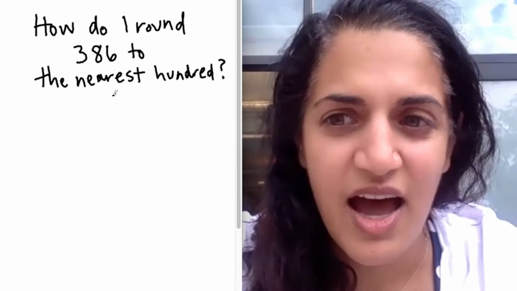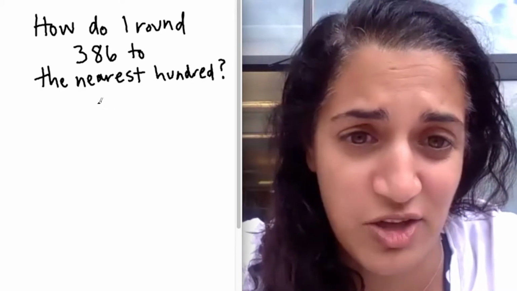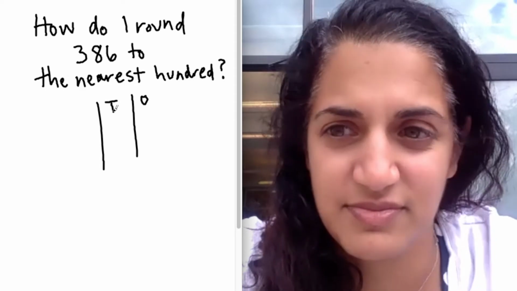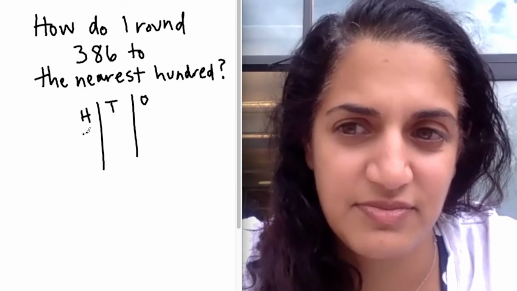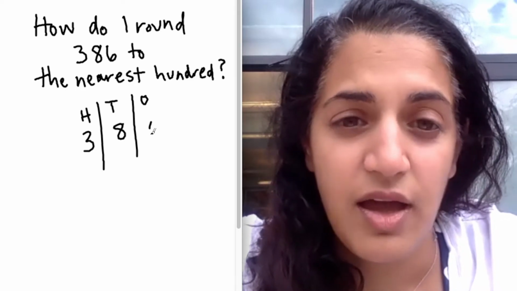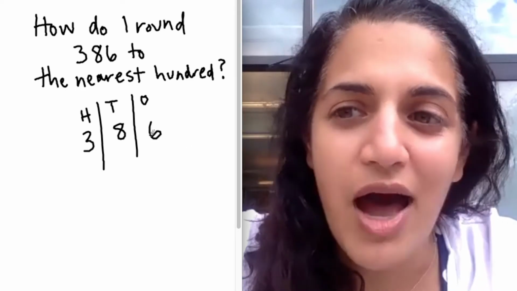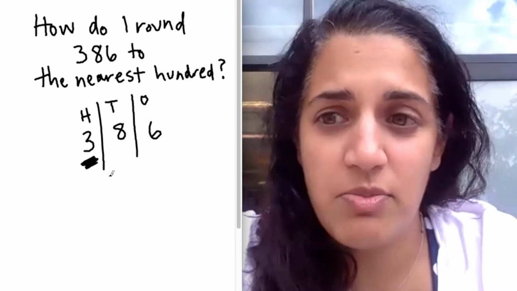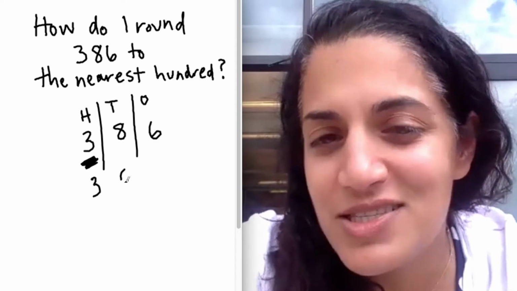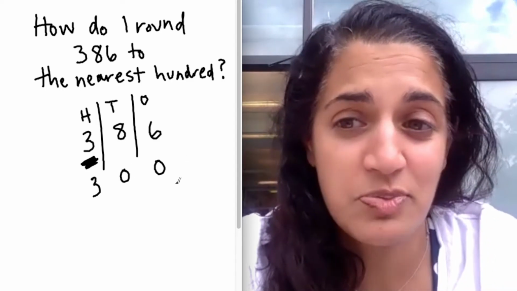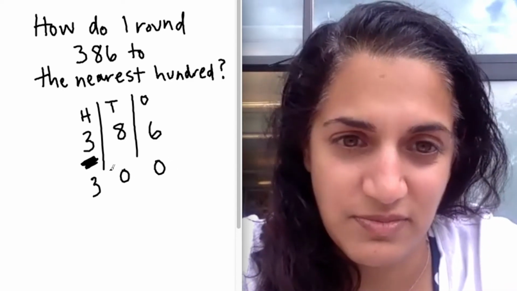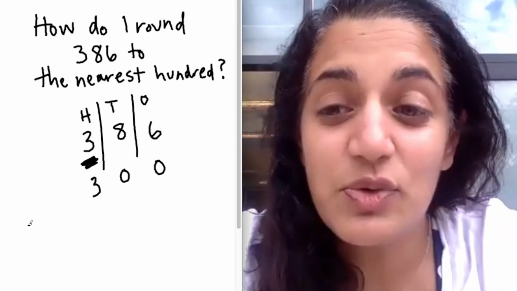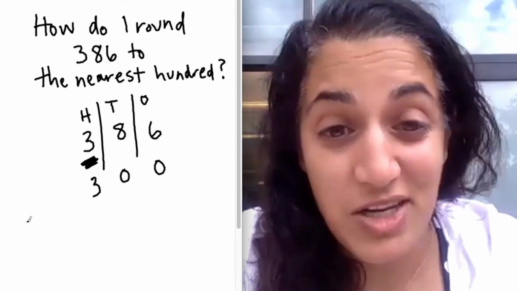Well, first, I'm going to put my number in a place value chart. Ones, tens, hundreds. And now I'm going to imagine that there are only hundreds. So I could even redraw my place value chart or just underline whatever is in the hundreds place or bigger. I redrew it. So now I know I can draw my number line.